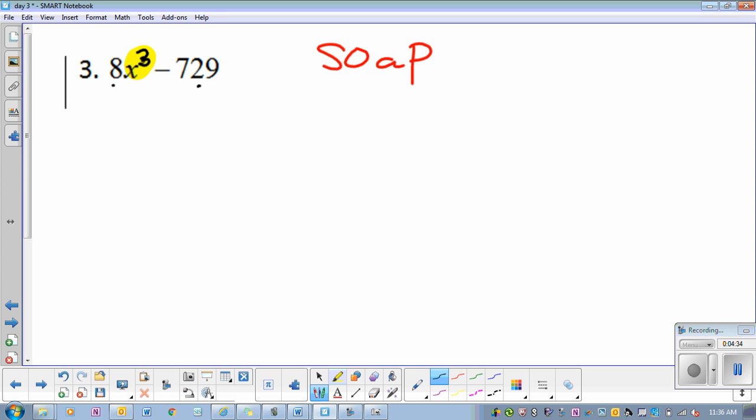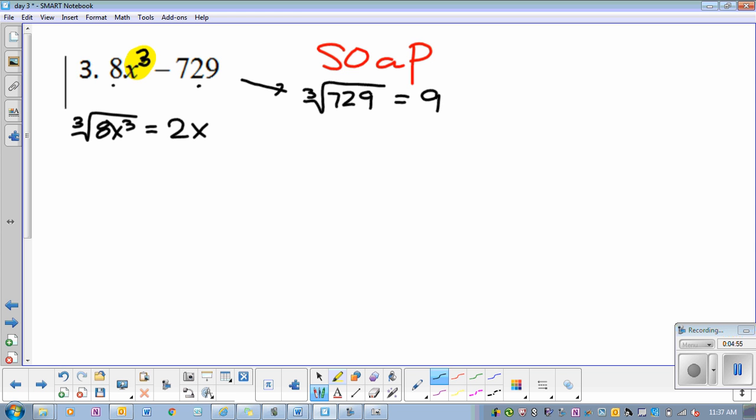No, it's 1. Are they perfect cubes? Right? Cube root of 8x cubed, well then that's 2x. Right? And then this guy, cube root of 729, that's what? 9.